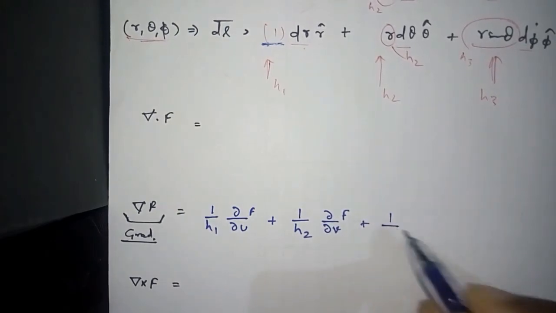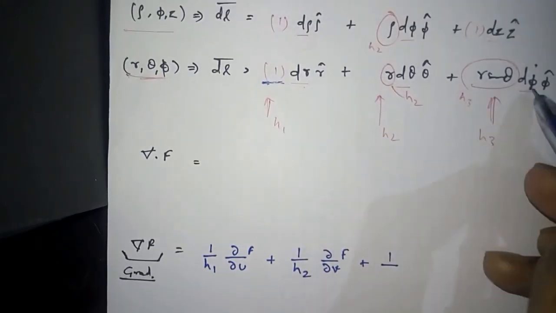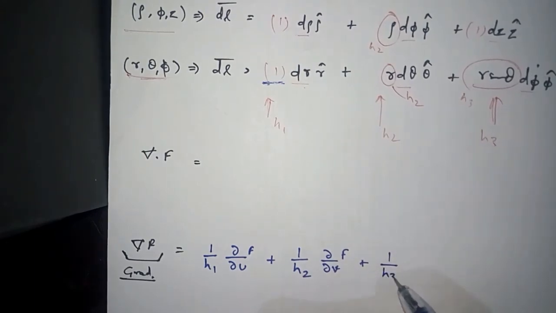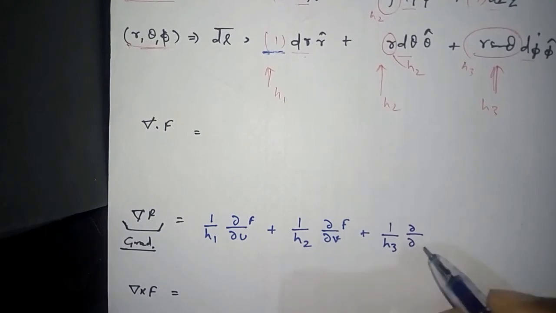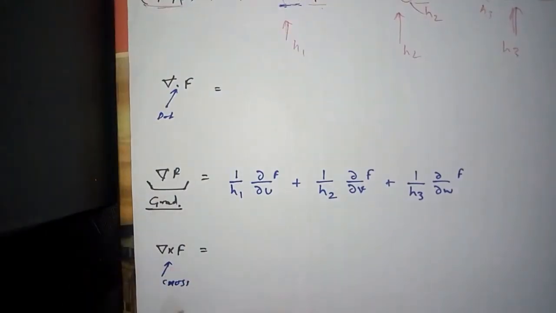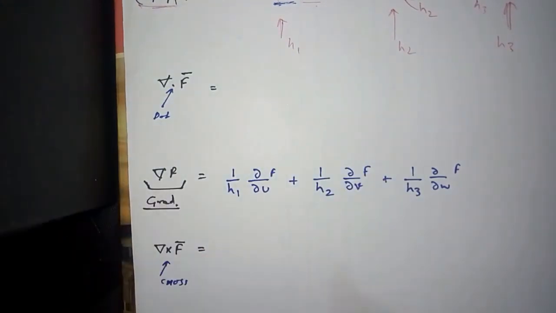Similarly, divide by the coefficient of w, which is h3, and differentiate with respect to w. Okay, so this is the field. Where dot product or cross product is done, there we need a vector field. And this is a scalar field.